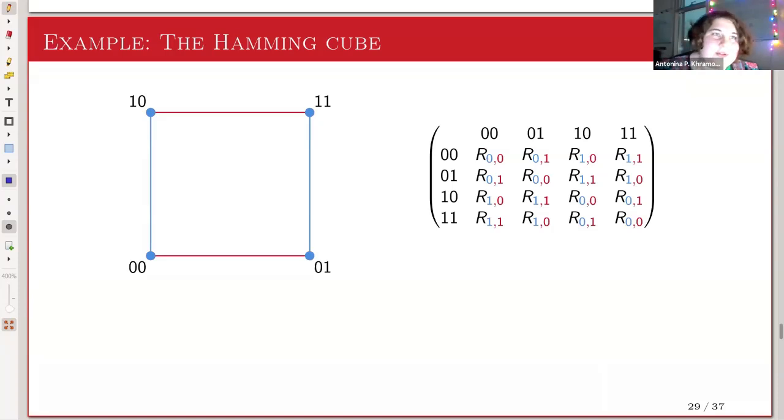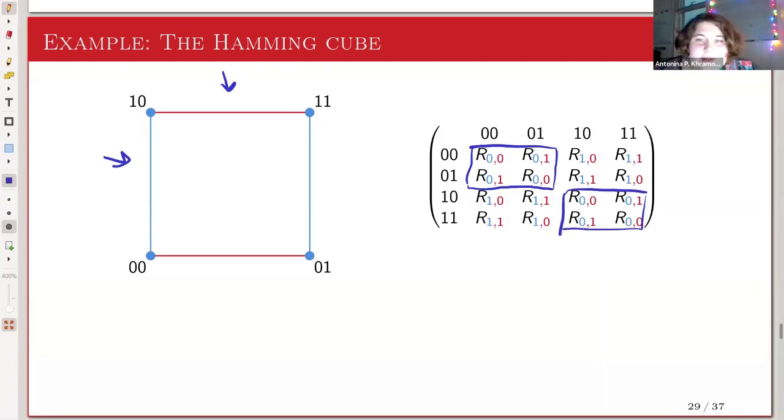And when we want to take a direct product of the red edge and the blue edge, we get something like this. If you pay attention to the red indices, we have just the 0, 0, 1, 1 matrix here and over there also. And if you look at the blue indices, you have 0 here, 1 here, 0 here, and 1 here.